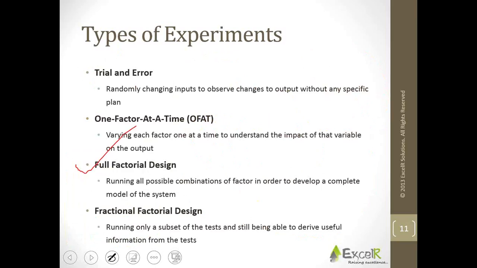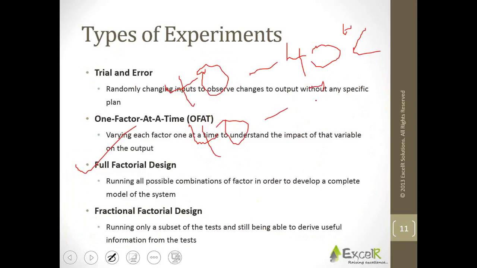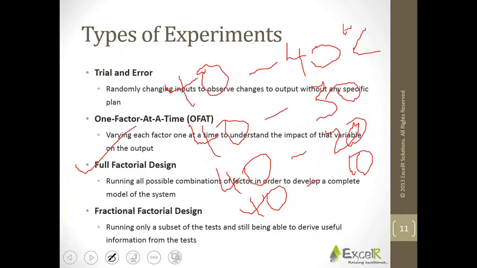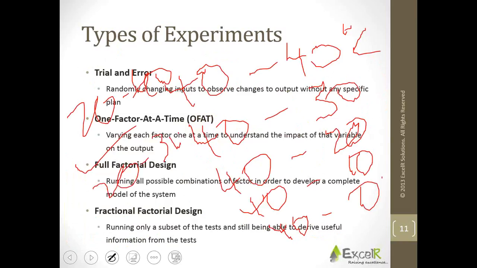Then we have full factorial design. Running all the possible combinations of factors in order to develop a complete model of the system. For example, if I have 40 people and I'm running at 40 degrees centigrade, 40 people at 30 degrees centigrade, 40 people at 20 degrees centigrade, then 10 degrees, then 40 people at 0 degrees, then I change to 20 people at 40 degrees, 20 people at 30 degrees, 20 people at 20 degrees, so on and so forth.